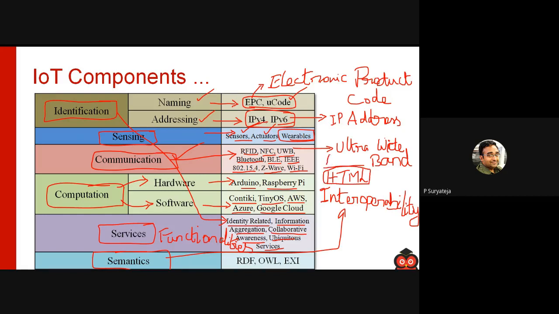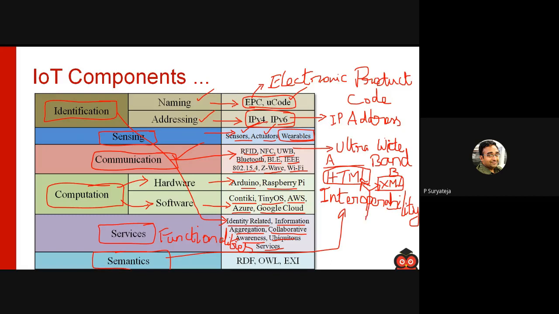Let's say device A understands HTML and device B understands XML. Now, if these two devices communicate, is it feasible? How can they communicate? Because A understands only HTML and B understands only XML. They can't communicate with one another.